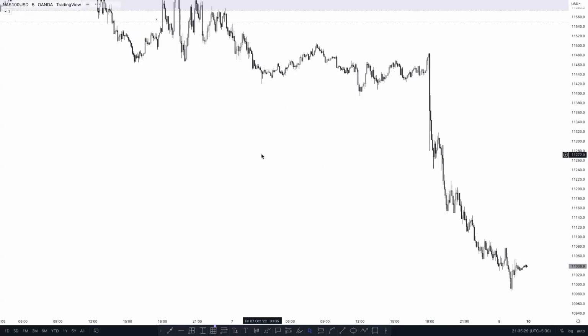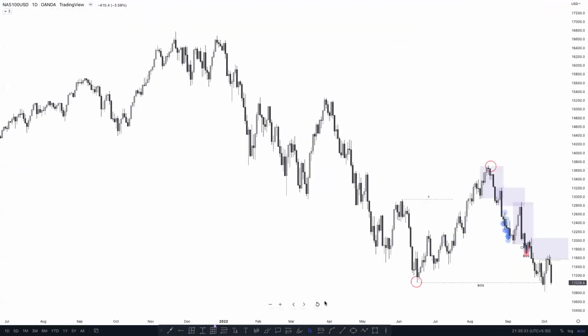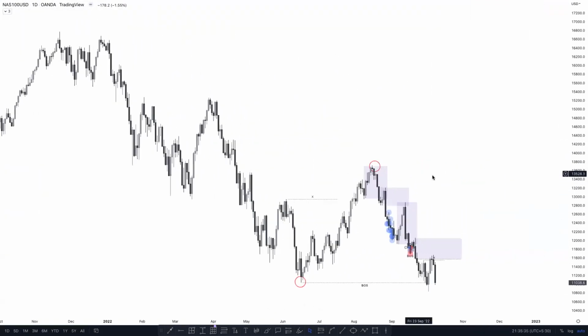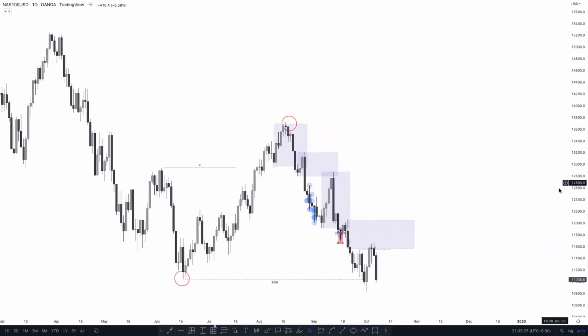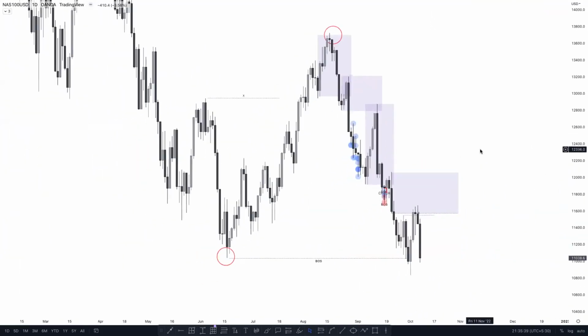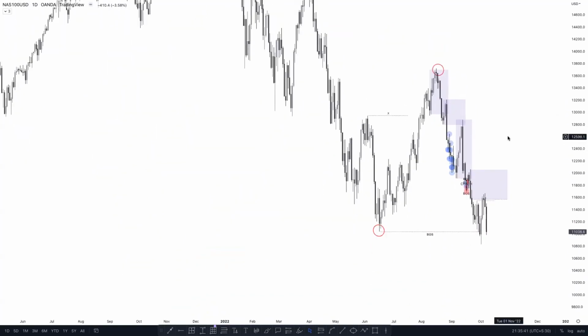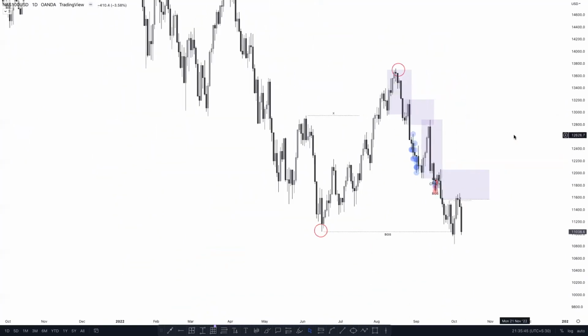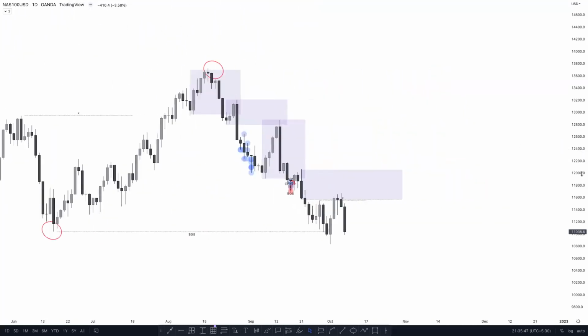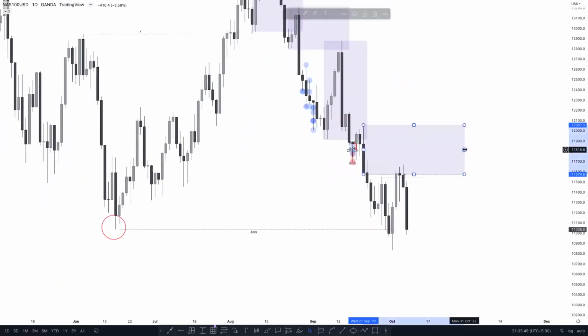Okay, start from daily. Okay, perfect. In the daily time frame, structure is looking bearish. And if you can see here, market has filled this imbalance.